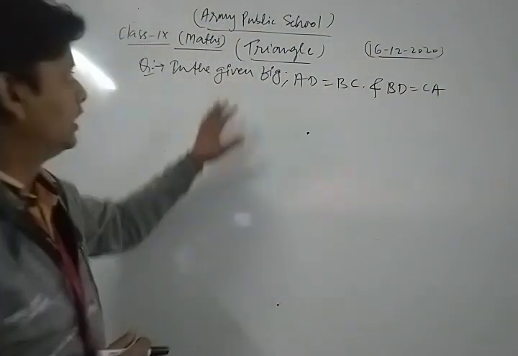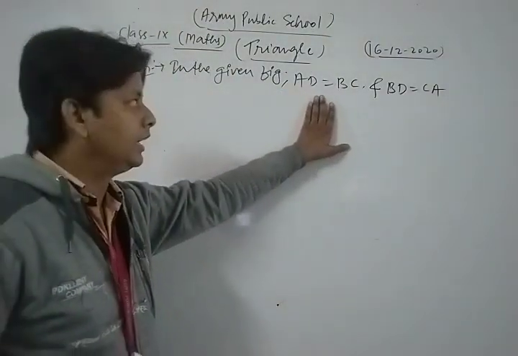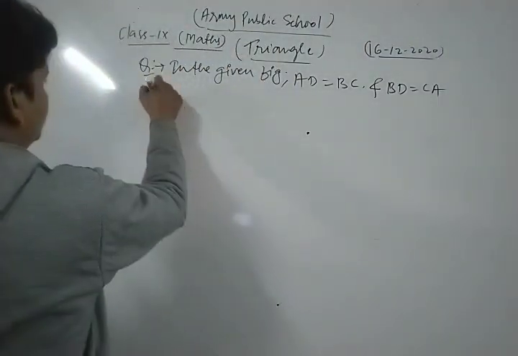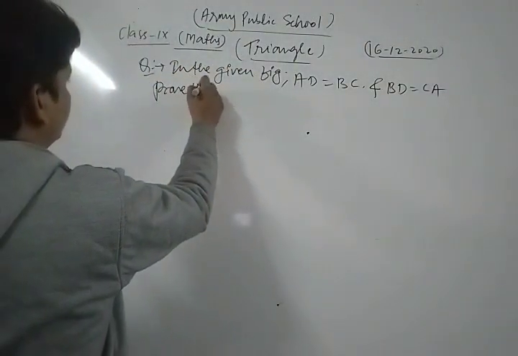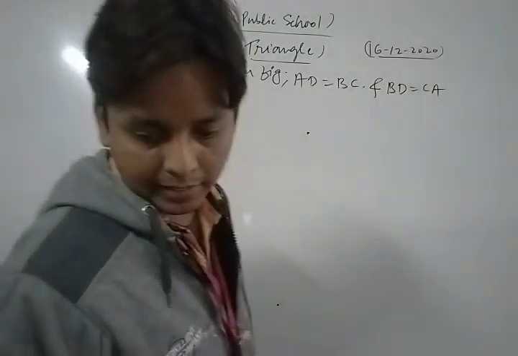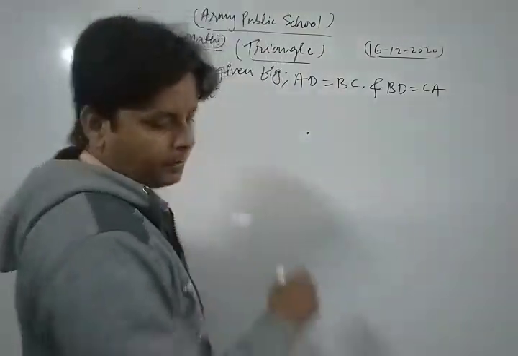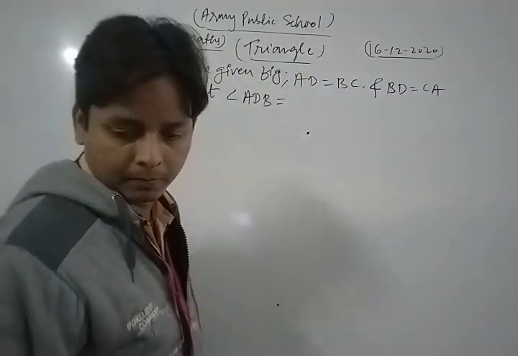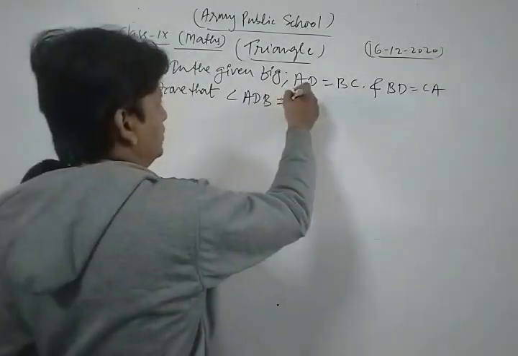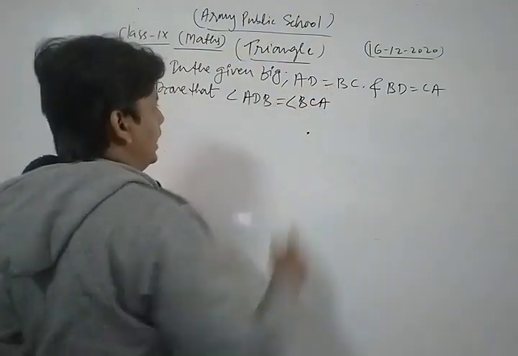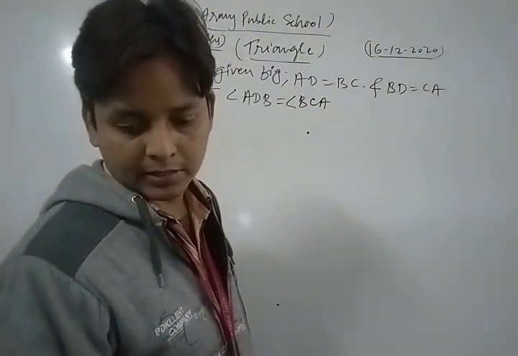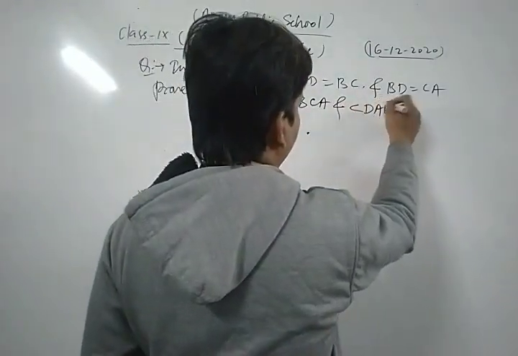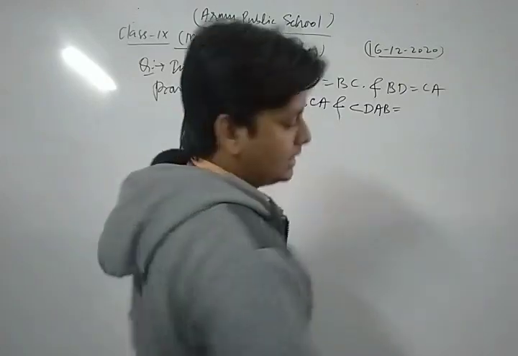Dear friends, in the given figure, AD is equal to BC and BD is equal to CA. Prove that angle ADB is equal to angle BCA, and angle DAB is equal to angle CBA.